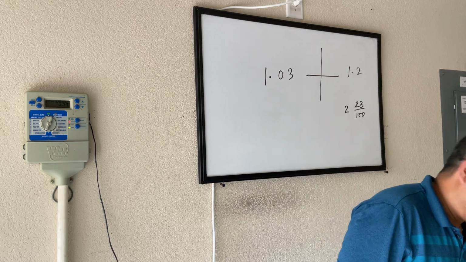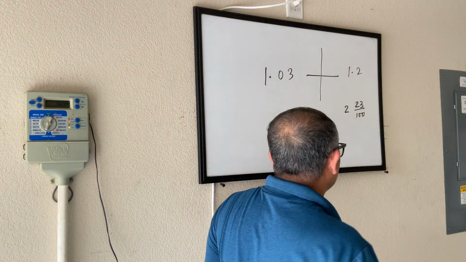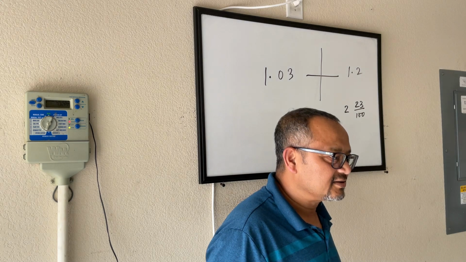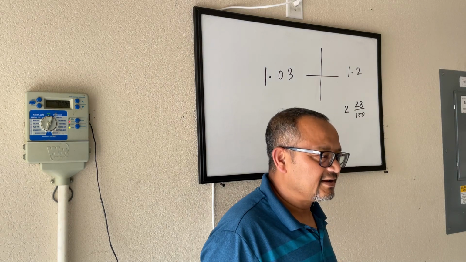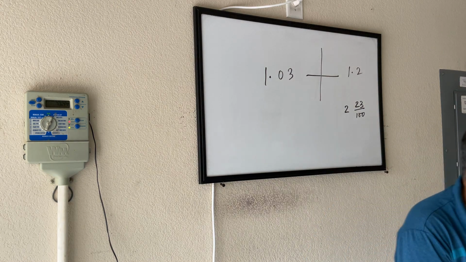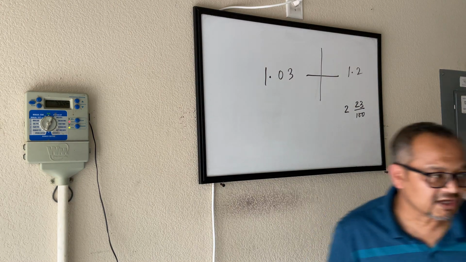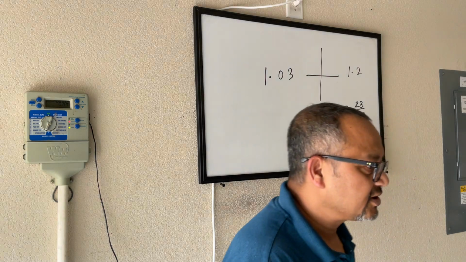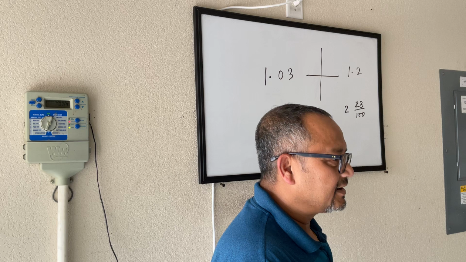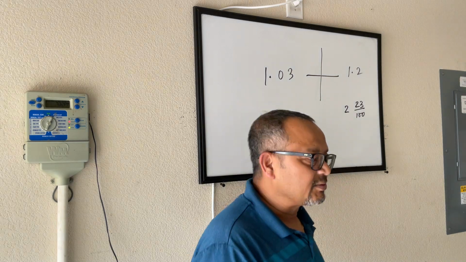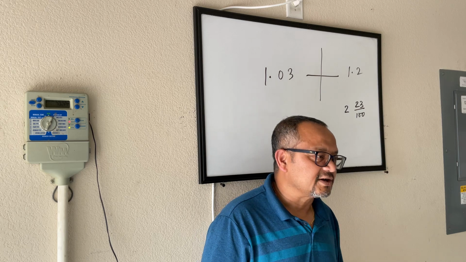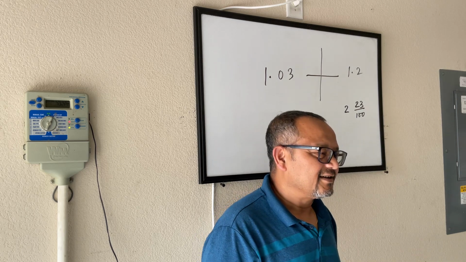Let me wait. Are you able to do it, beta? You got the same answer? Sir, can I have a pencil? Yes. What is the answer, beta? 2.23. Wait, I could not hear you. Say that one more time. You're talking to the mute button. Sorry.